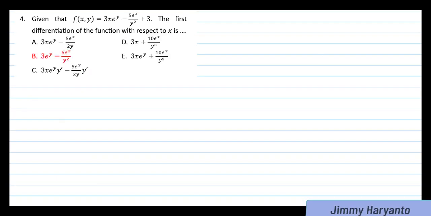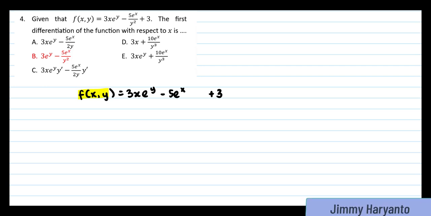Next is number 4. For question number 4, we have partial differentiation. The characteristic of partial differentiation is f(x, y). So you will have x and y at the same time, but this time we will not use the implicit because it's already clear that the function is in terms of x and y, f(x, y).